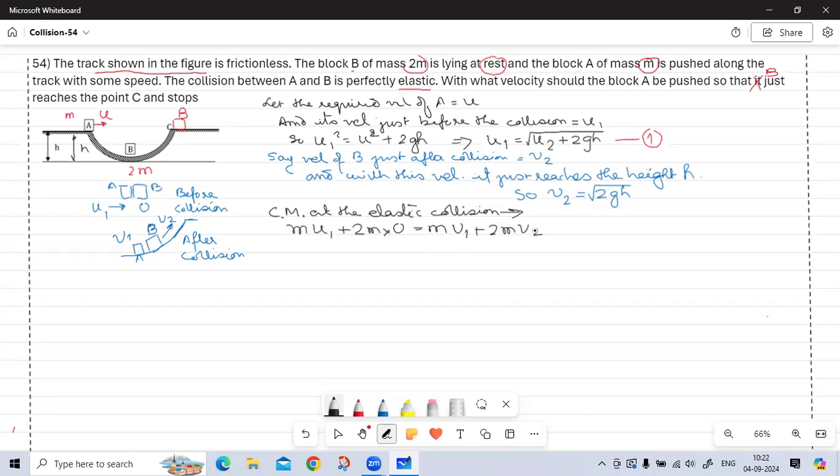All the m's get cancelled. So here we get u1 is equal to v1 plus 2v2.